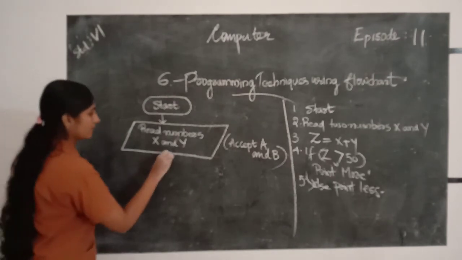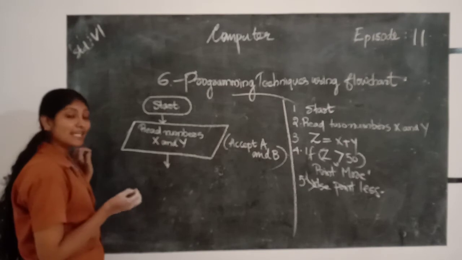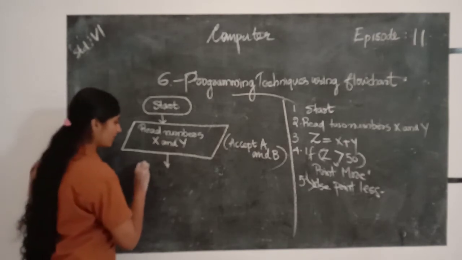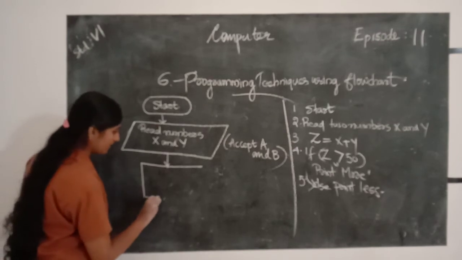Then third step is z equal to x plus y. That is a processing step. So we can draw a processing step.